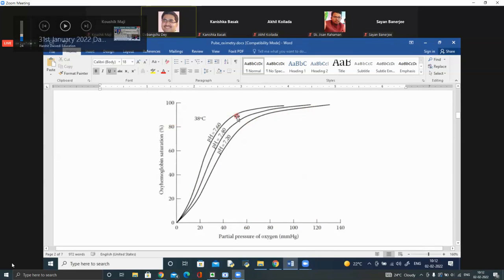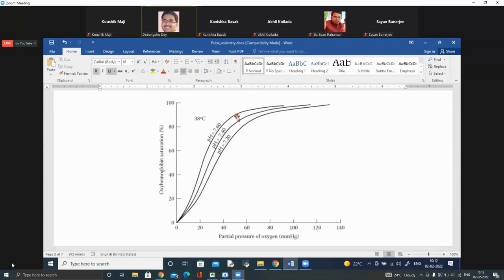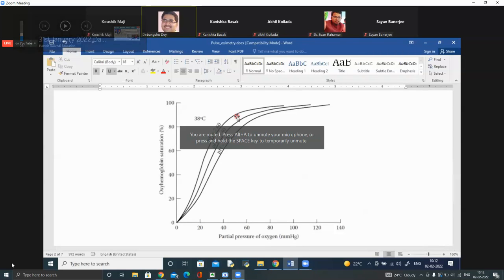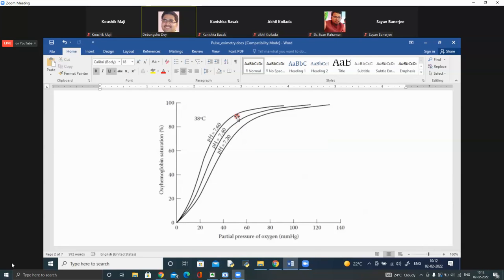If a particular region is saturated with, say, water vapor, the partial pressure of that water vapor should increase with the increase in the saturation. At, say, 100% saturation, the partial pressure will be maximum, and that is called the SVP, saturation vapor pressure. So here also the partial pressure of oxygen has a relationship with the oxygen saturation. Obviously that should be, but it is not a linear one.